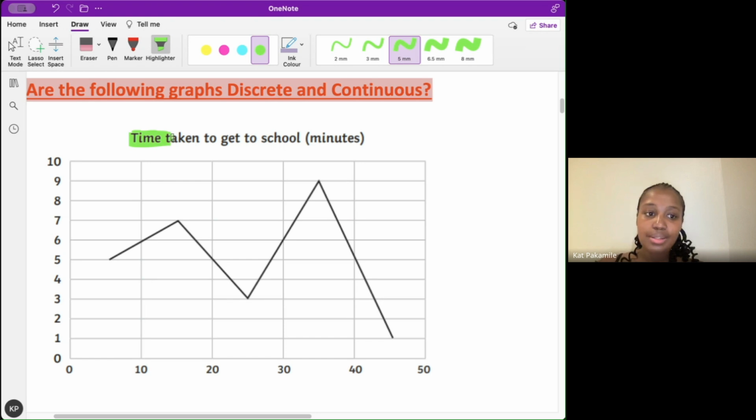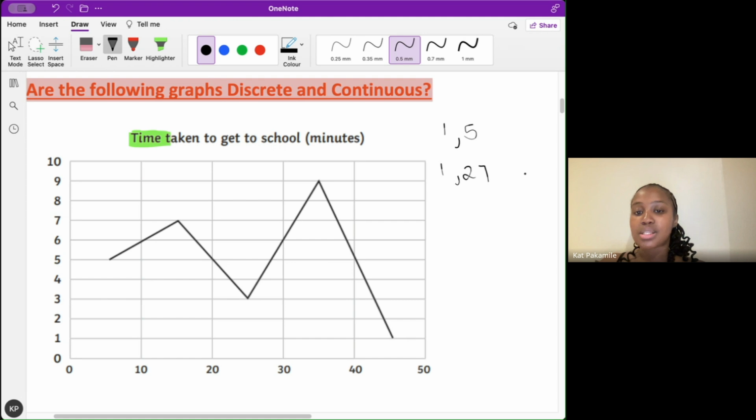Counted, measured. So time is actually measured, right? Think of a stopwatch, guys. If I am competing with you and we are swimming, all right, and we want to know who's in first place and who's in second place, and the first person finishes in 1,5 minutes and the second one in 1,27 minutes, which one do you think is going to win here?